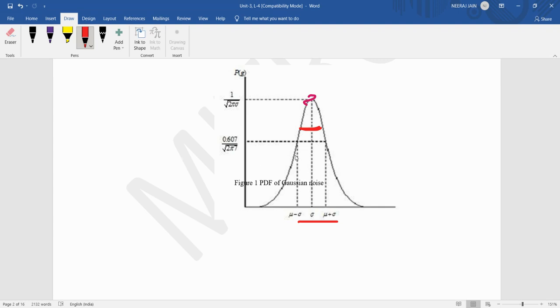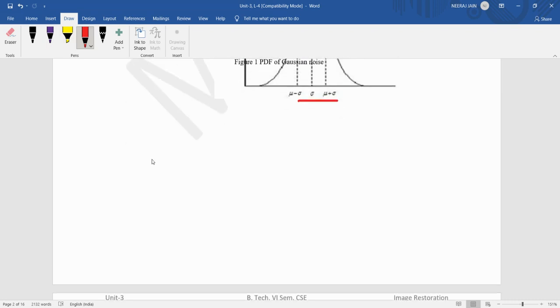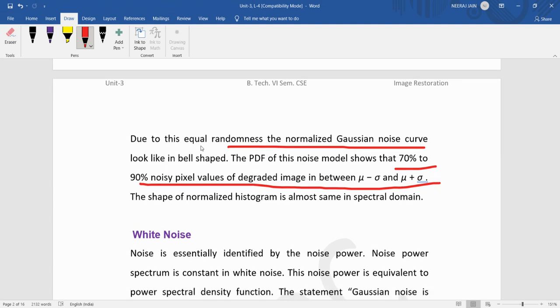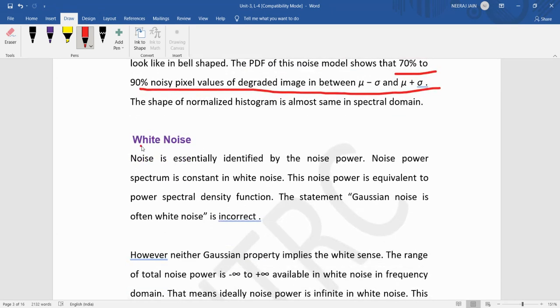If we are familiar with what type of curves are coming, then we can compare the different types of degraded images by calculating and drawing their PDF. Now, white noise is identified by noise power, because we know that noise is essentially identified by noise power.